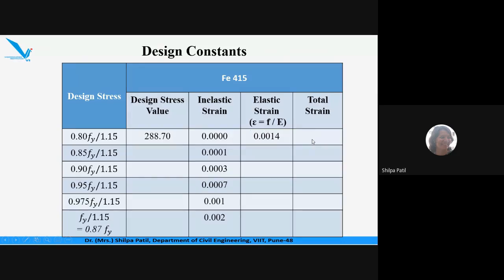And finally, we have to find the total strain as the addition of these two strain values. We will prepare this table first and then go to the numerical examples. Once you finish making this table, please tell me. Then we will start the calculations further.